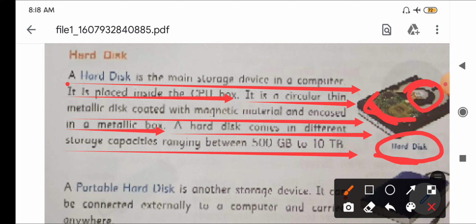This hard disk comes in different storage capacities, so as per your requirement, the hard disk can be used, depending on the size of information you need. It ranges from 500 GB, that is gigabytes, to 10 TB, that is terabytes.